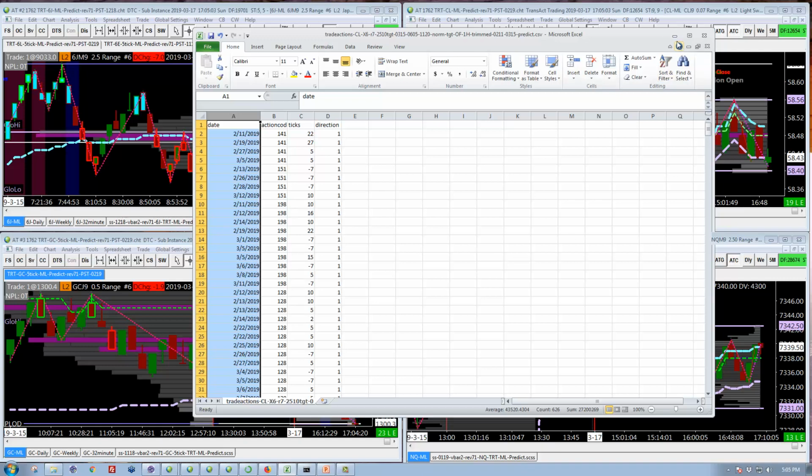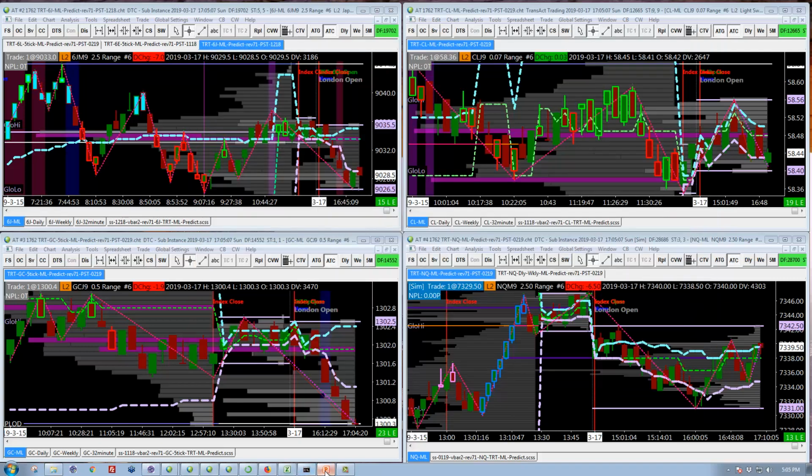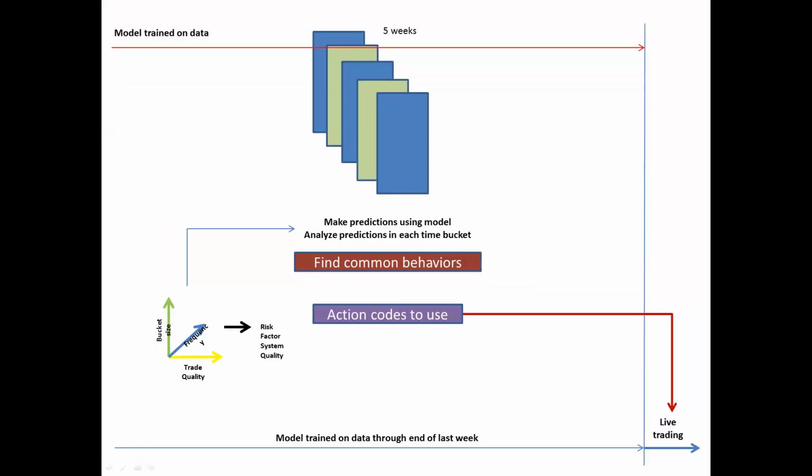So what we do is we take that data and break it up into weekly buckets, and then show me a certain trade quality that I see a certain number of times in a certain number of buckets.